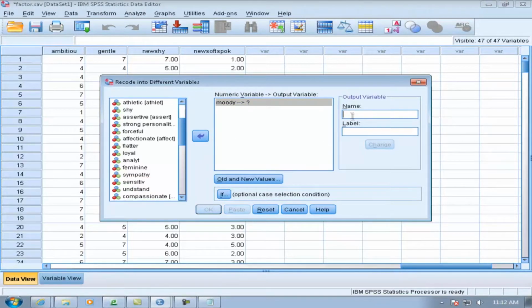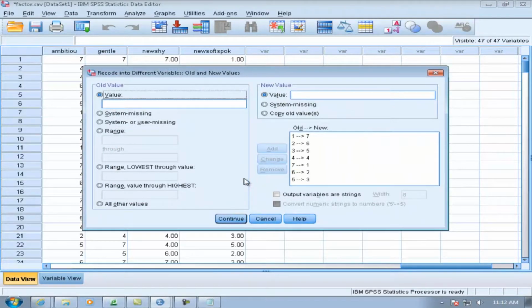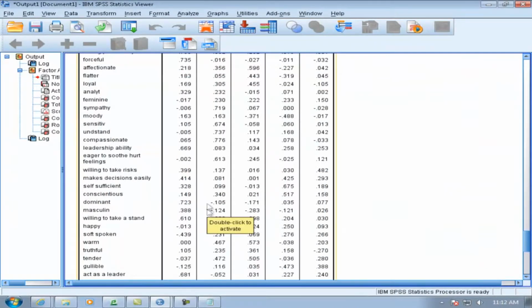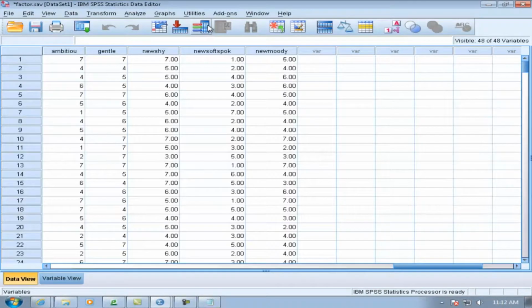Okay, the name's going to be New Moody. Did I even type it? I guess I didn't. Change. Okay, now old to new values, and we can just go ahead and click it in. And if we look at the data, it should be in here. See New Moody? Yep, here's New Moody.